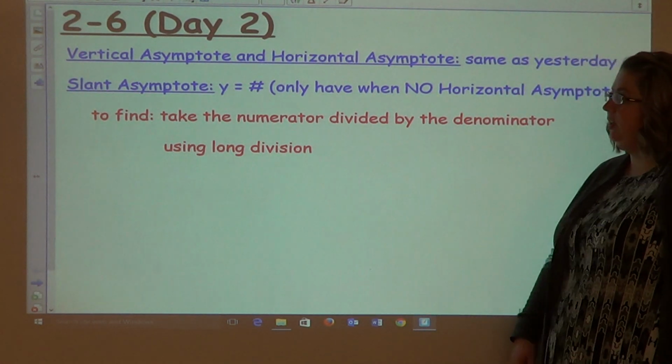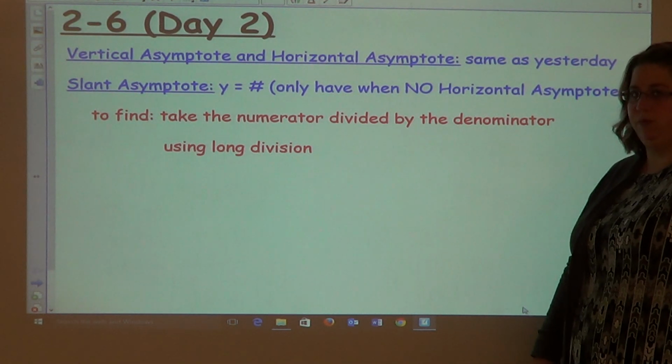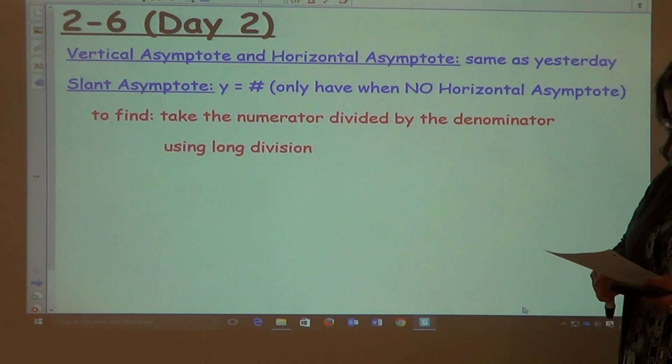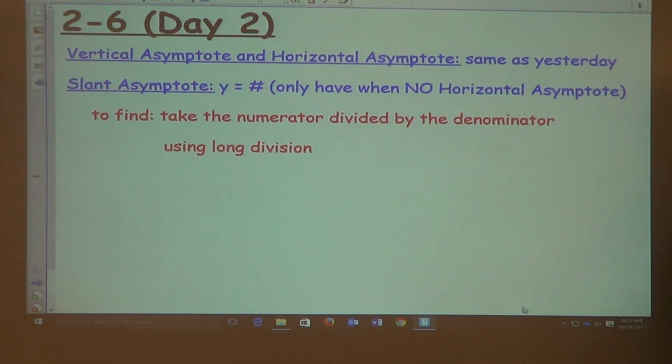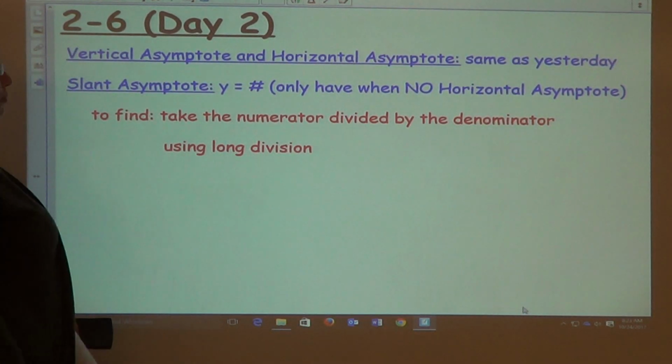We're going to do 3 examples of what we do when there's a slant asymptote. Okay, if you didn't get all this written down, you can always pause the video.